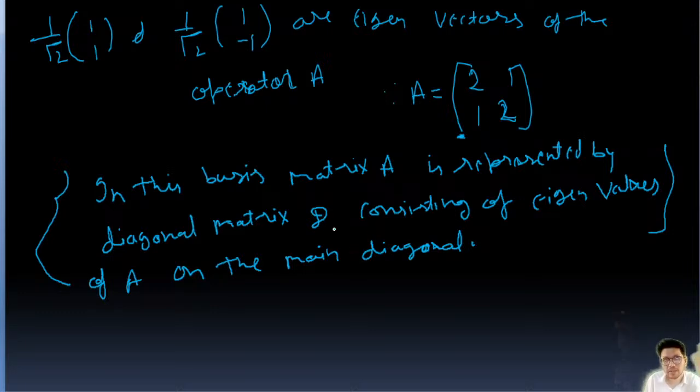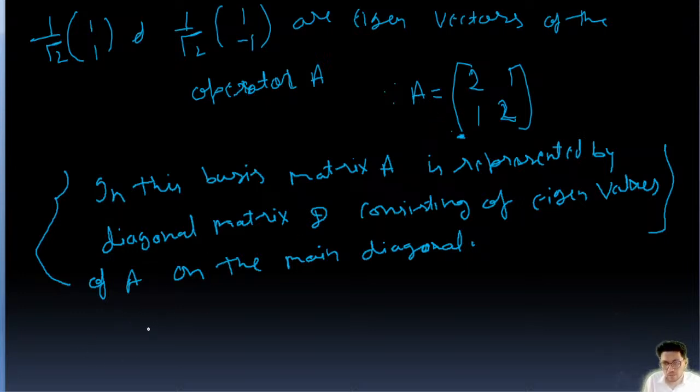Diagonal matrix D means all the elements except the diagonal elements will be 0. We know the definition of a diagonal matrix, consisting of the eigenvalues on the main diagonal. So we'll find the eigenvalues of this.